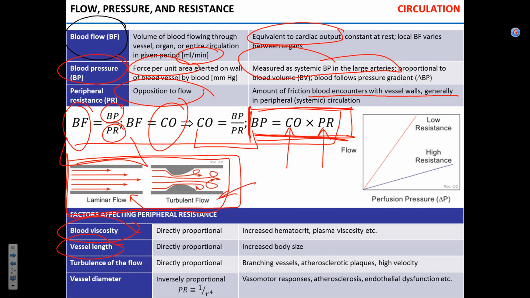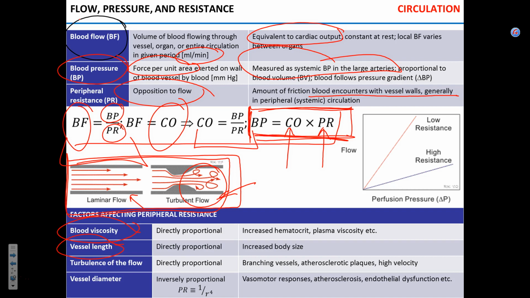You can observe the same features in the river. When you have a smooth river bed, the flow of water will be laminar. But if you throw a large boulder, the water will start to go around the boulder, forming these little whirlpools, and that's turbulent flow. Turbulent flow increases resistance to flow.